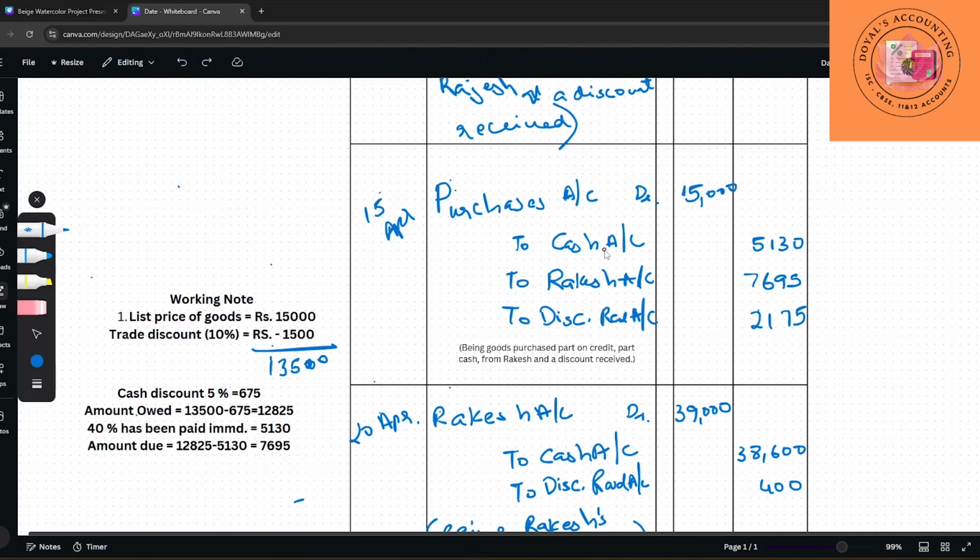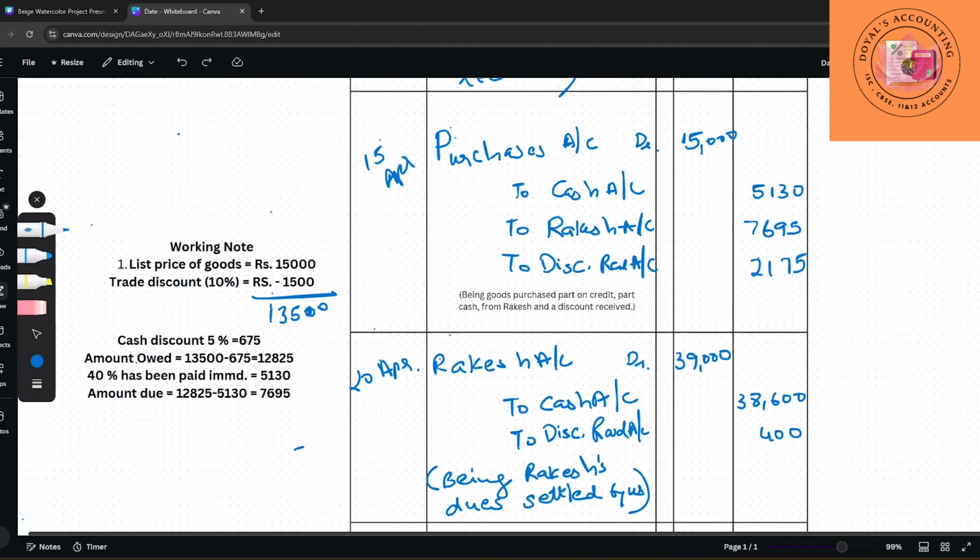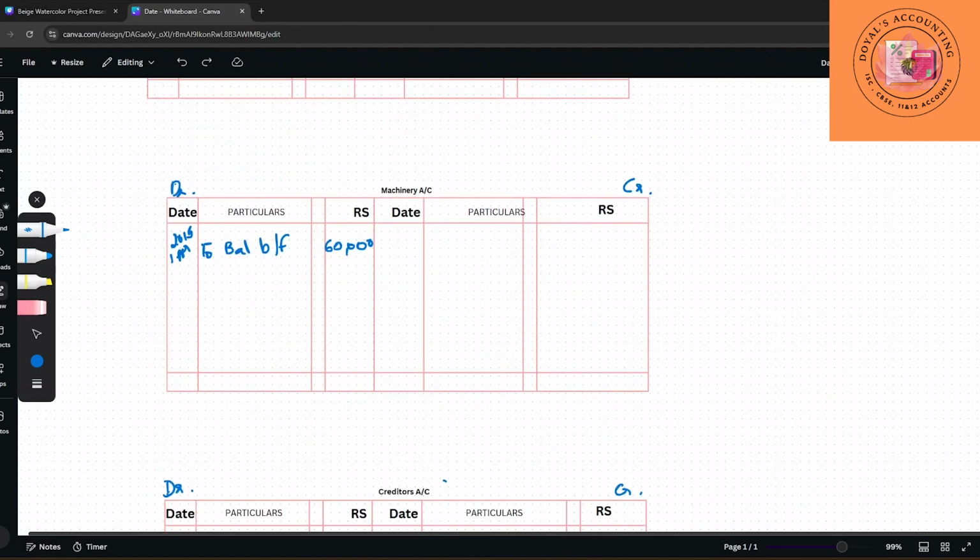Now the next transaction is similar to the previous transaction, but here one more account is being added, which is cash. So first let's quickly record in our purchases account these three figures as they are. To cash account 5,130, to Rajesh account 7,695, and to discount received 2,175.